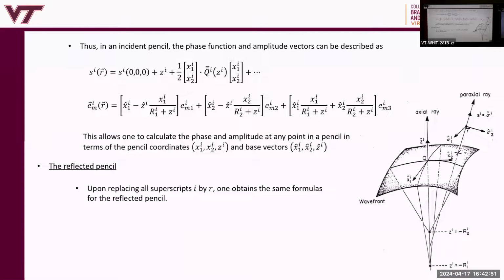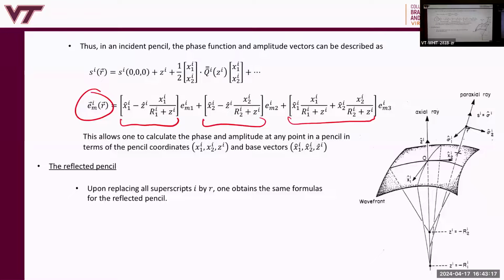All right. In an incident pencil, the phase function and the amplitude vectors now can be described as, so we already derived how to describe the phase in the pencil with respect to the origin located along the axial ray. Now we can define the electric field vectors too, right? And these are nothing but the sigma 1 hat, sigma 2 hat, and the sigma hat or gradient of S, right?